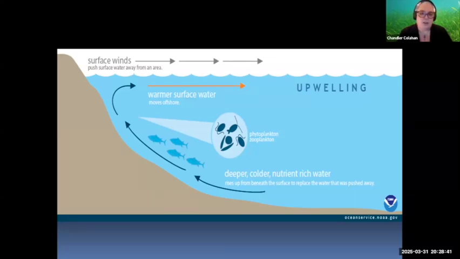On Washington's coast, it's anywhere between 7 and 40 miles. And so you've got this very sudden change from deep water to surface water, and the water gets pushed up. And this is very cold, acidic, nutrient-rich water that hasn't seen the light of day for decades. And it gets pushed up, and the warmer surface water gets pushed down, and you've got this mixing of nutrients. And so it's really great conditions for plankton productivity.